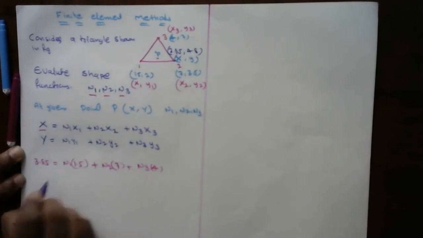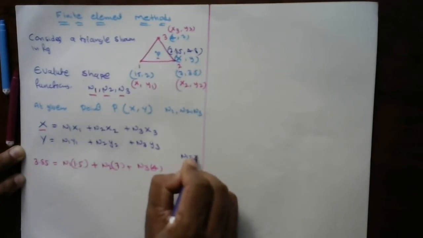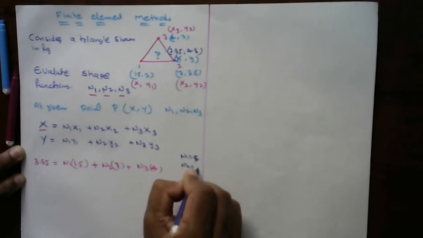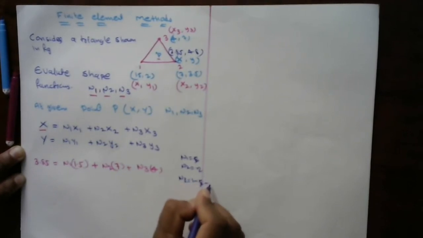Here, n1 is equal to zeta, n2 is equal to eta, and n3 is equal to 1 minus zeta minus eta. This is known from the previous class. If you express the shape functions in a local coordinate system, n1 is equal to zeta, n2 is equal to eta, and n3 is equal to 1 minus zeta minus eta.